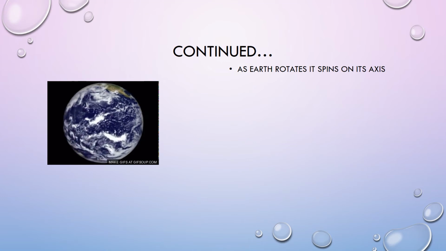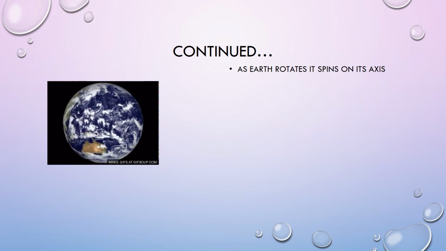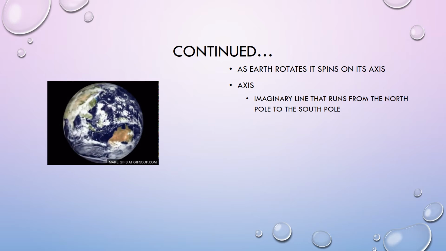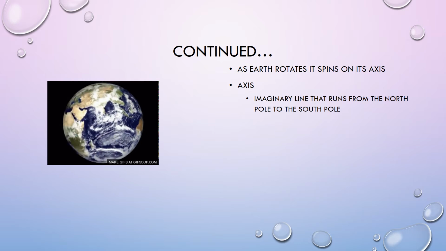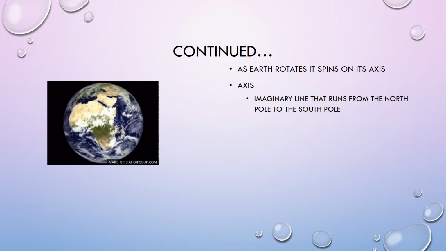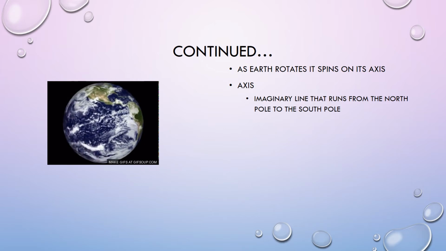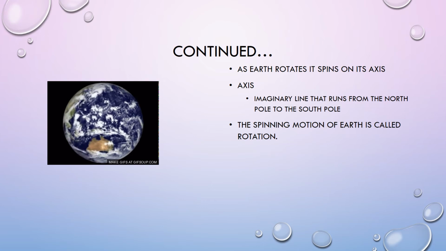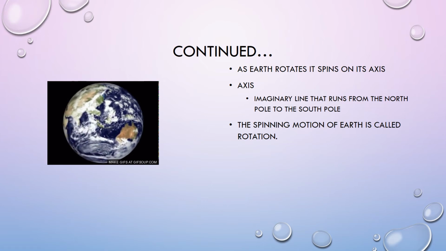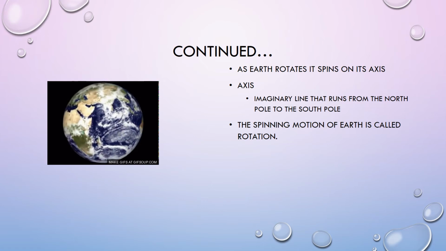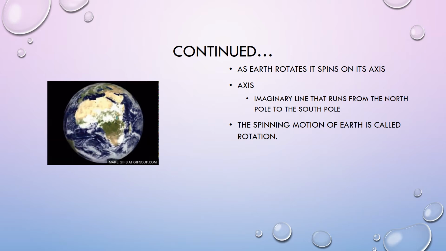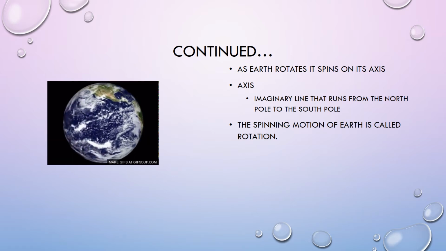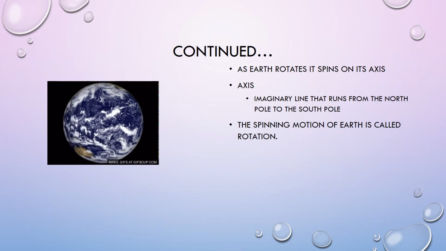As Earth rotates, it spins on its axis. An axis is an imaginary line that runs from the North Pole through the Earth all the way down to the South Pole. The spinning motion of Earth is called rotation, much like when you might spin a basketball on your finger or spin a bowling ball at the bowling alley.